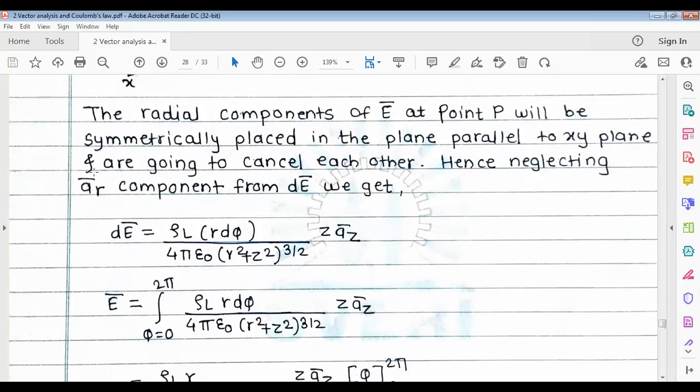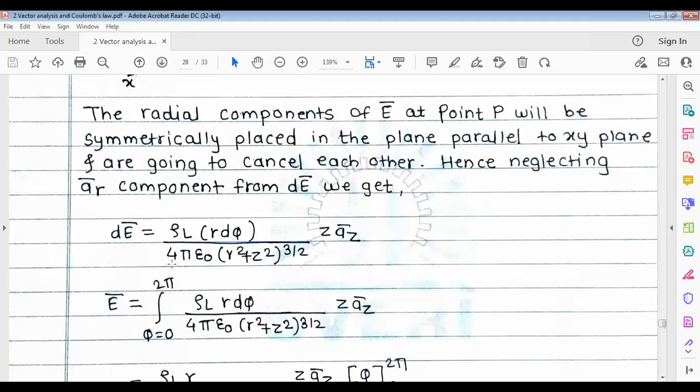Again we are considering their radius, that is r component, so that r will get cancelled there. Again, in one direction if we consider plus a bar r, in the opposite direction it is minus a bar r, so where two components are opposite, they cancel. Whatever electric field intensity is produced by them, these components also get cancelled there.